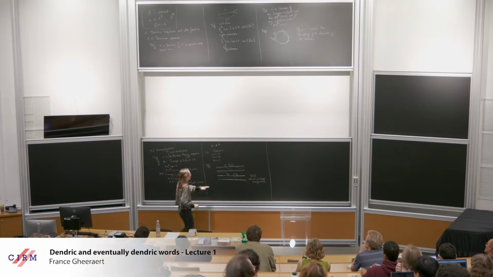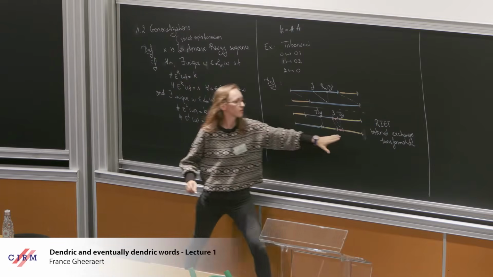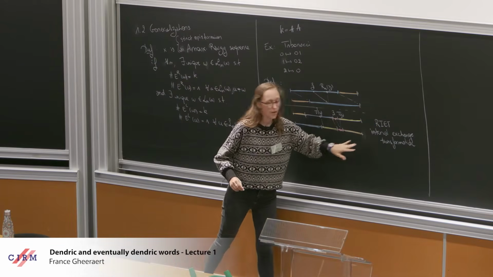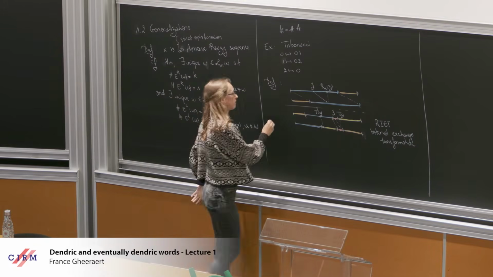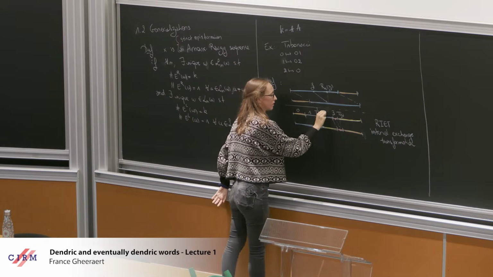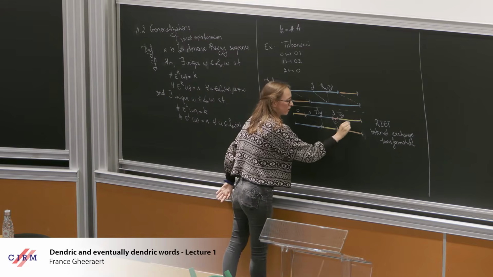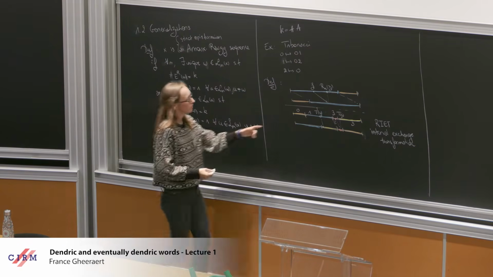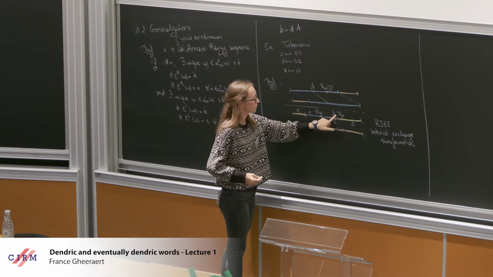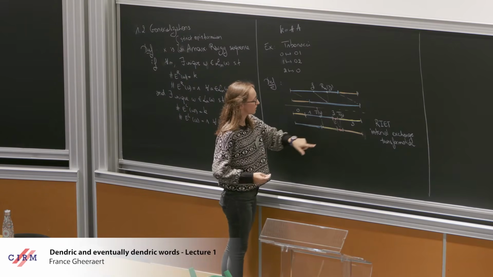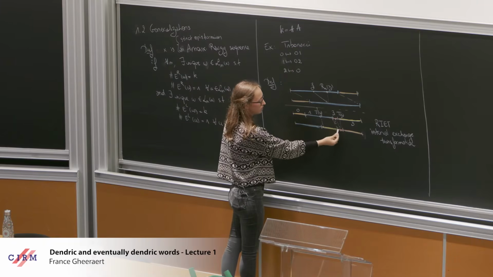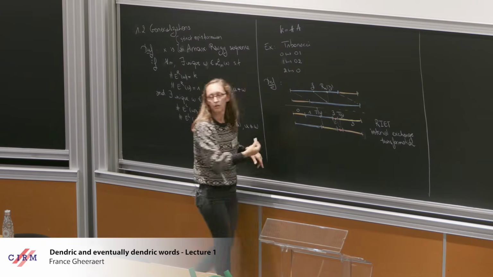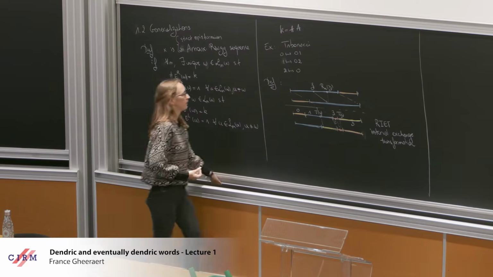Okay? So now you have a dynamical system, which is an interval exchange transformation, and you can also code. So I don't know, let's say orange is 0, 1, then 2 for red, and 3 for yellow. And I can again associate a sequence with my point Z. So this would start with 2, then 3, then 1, and so on. Okay?